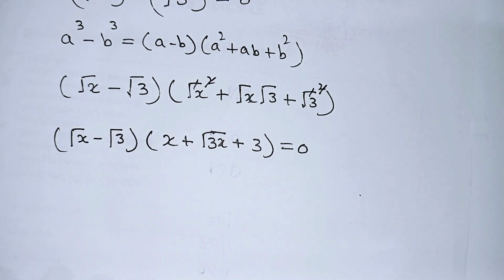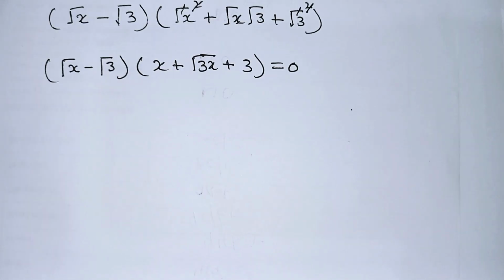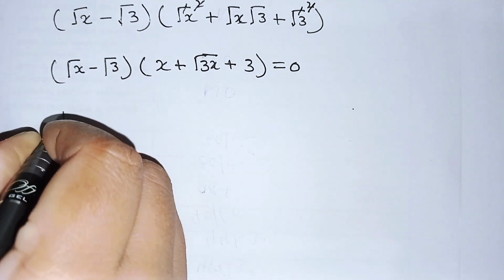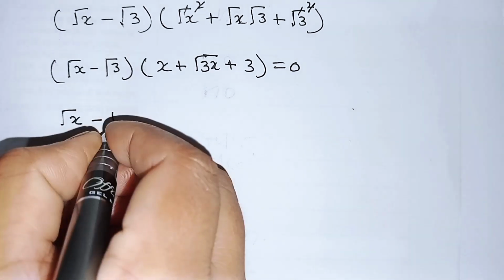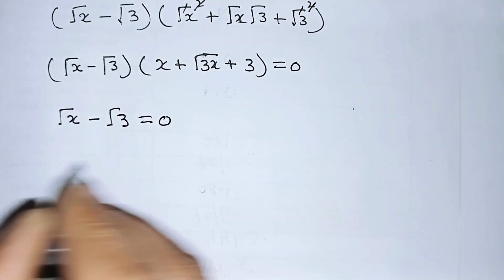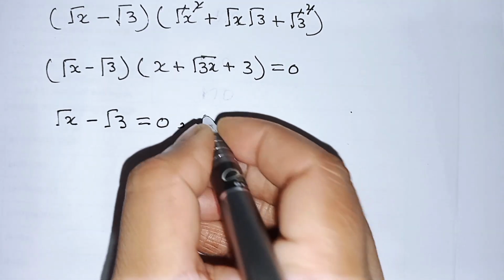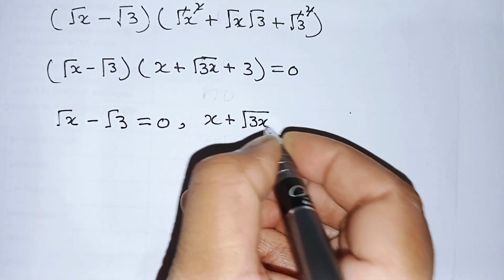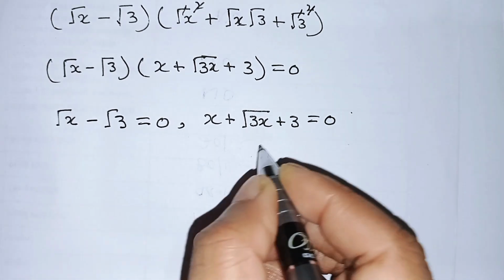So square root x minus square root 3 is equal to 0, and here it is the first equation. The second equation is x plus square root 3x plus 3 is equal to 0.